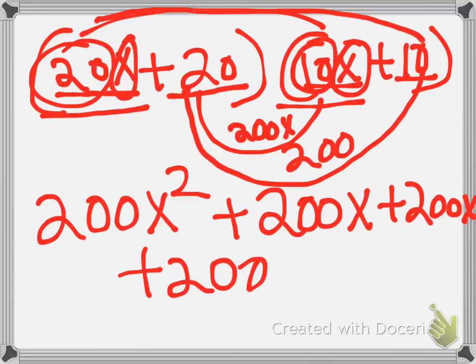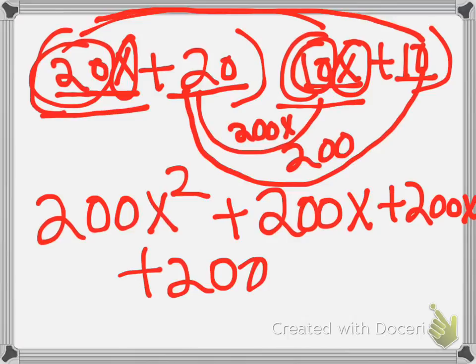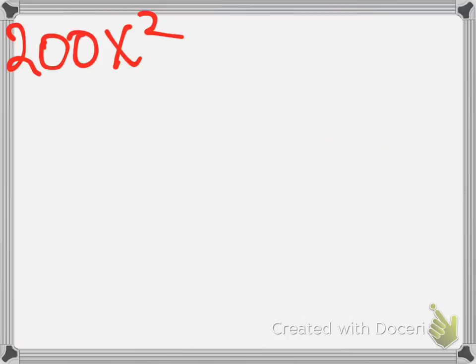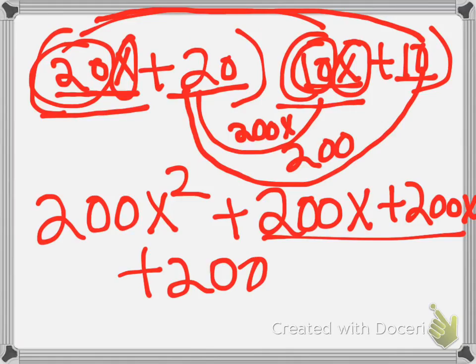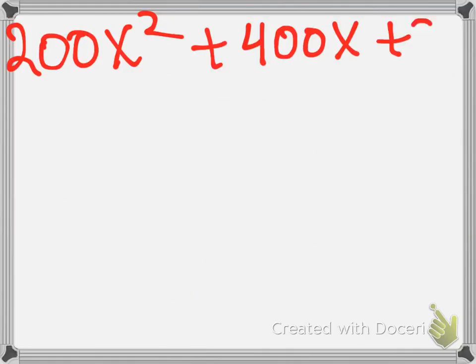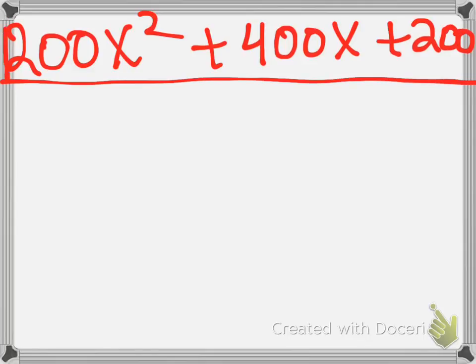See, you don't have to list it out. You can just write it out like this. And then we're just going to have to combine like terms. So we combine those two. 200x plus 200x is 400x. And we just bring down the 200. So that is the final answer.